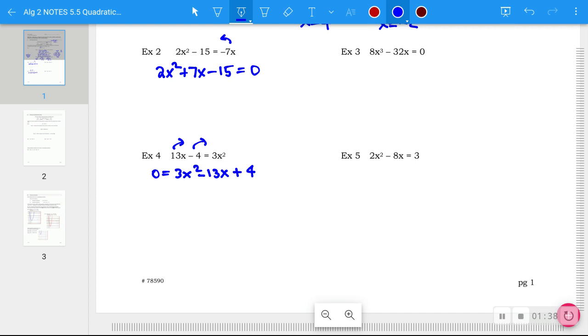I'm going to show you what it would look like and how to fix it in a minute. But this is what you want, a positive leading coefficient and everything else behind it, either positive or negative. But you don't want a negative in that leading slot if you can avoid it.